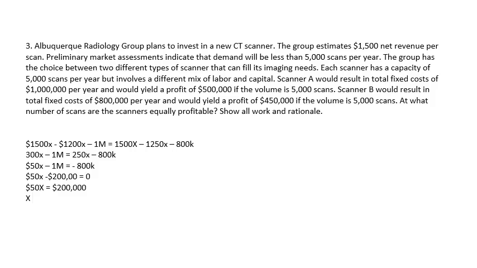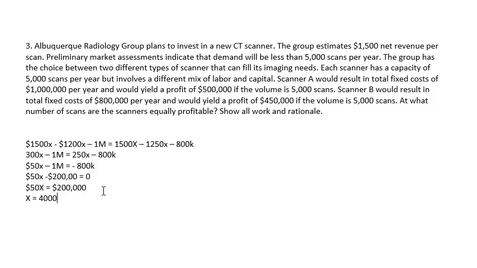If you run that division, x equals, let me double check my math here. X equals, yep, it checks. X is going to equal 4,000 scans. So at what point are the scanners both equal? When you've reached 4,000 scans at that point in the year, they have been both equally profitable.